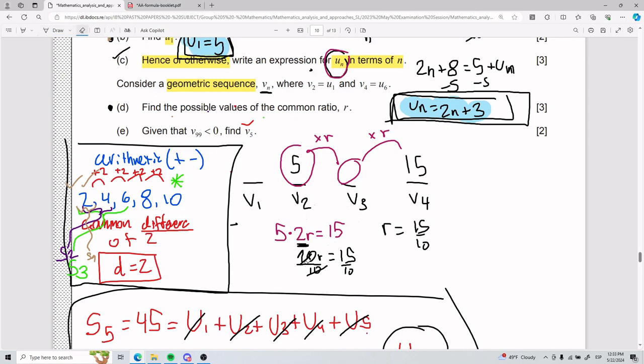So technically here, instead of 5 times 2r, it should have been 5 times r squared. So I'm sorry, you guys, I trolled you a little bit, but hey, we all make mistakes. I'd rather leave it on the video, and it's a common mistake, so I think it's a good idea to leave it.